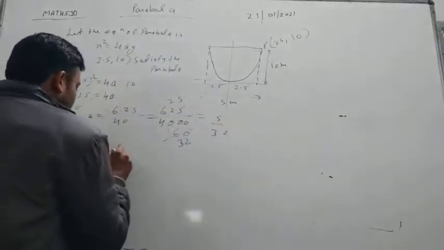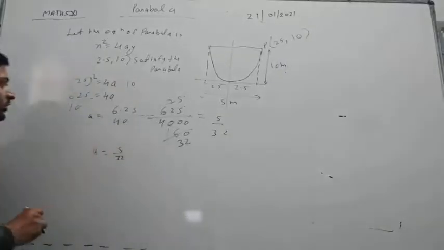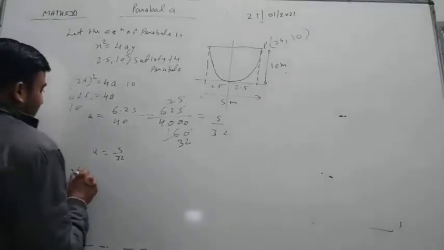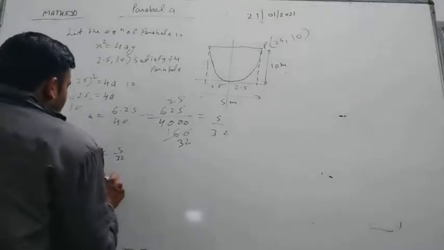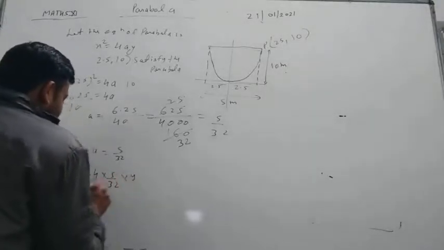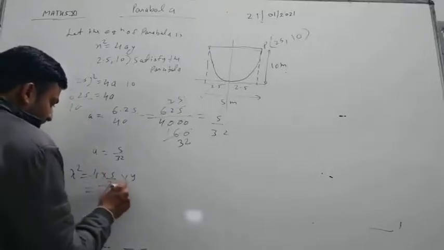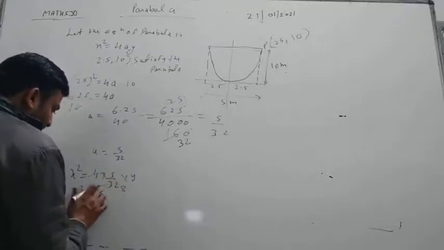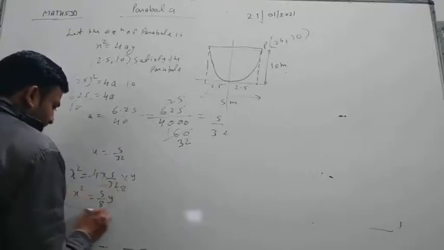So a is 5 by 32. Okay, so our equation will be x square is equal to 4 into 5 by 32 into y. So x square will be equal to 5 by 8 y. So this is our equation.